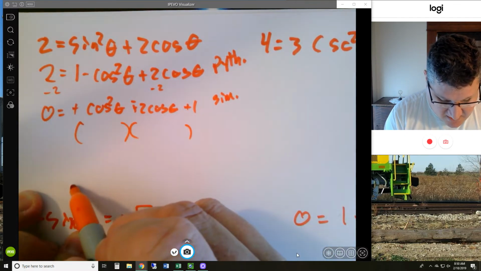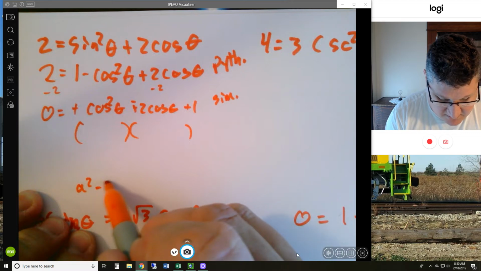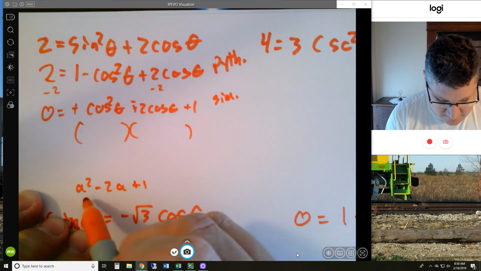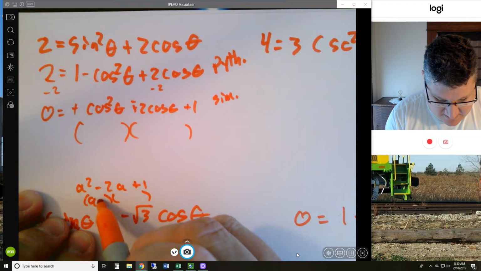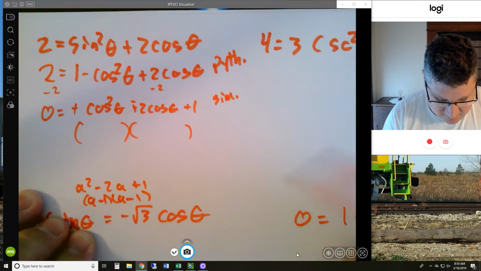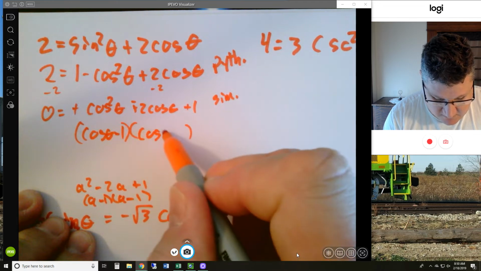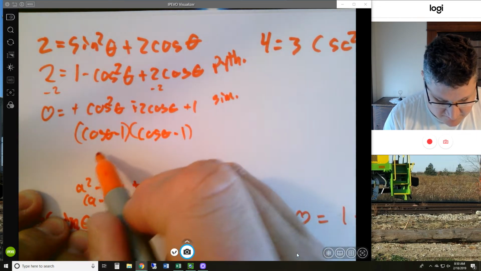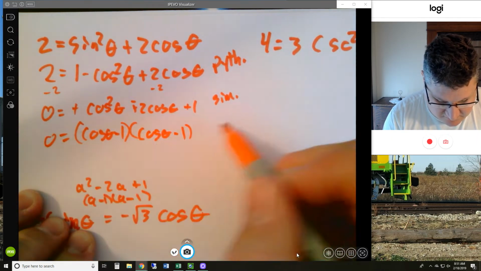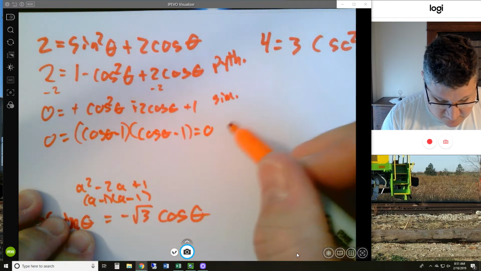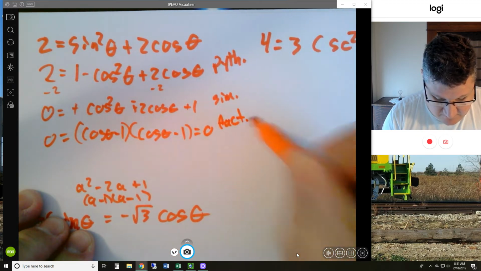You say, hey, if this were a squared minus 2a plus 1, I would break it up a minus 1, a minus 1. So I'm going to do the same thing. I'm going to say cosine theta minus 1, cosine theta minus 1. So I solve set equal to 0, set equal to 0. So that's by factor.